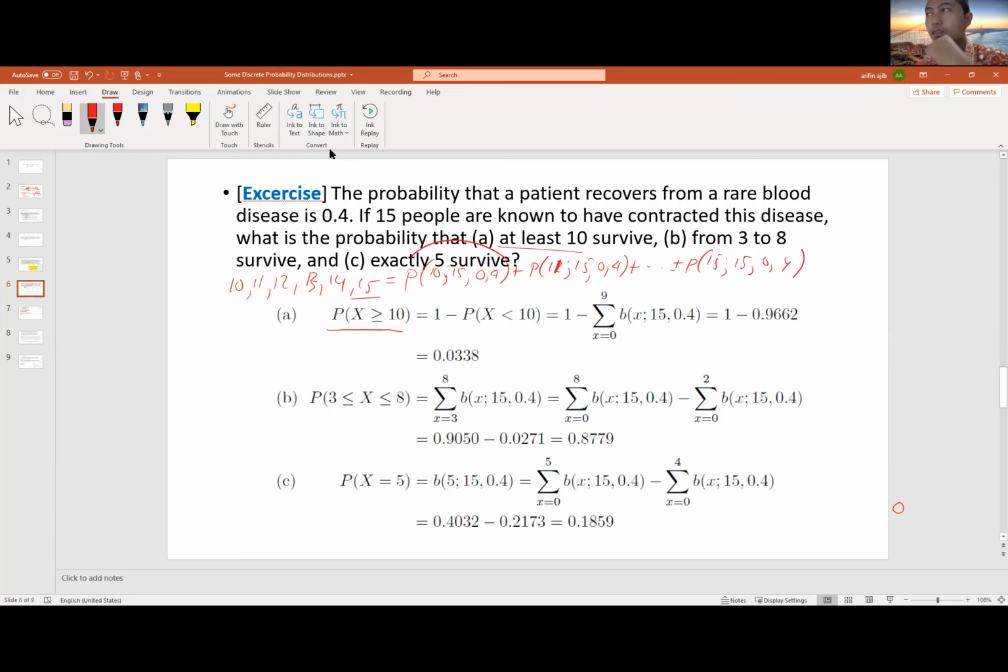You can compute using the table, also using the calculator for each part. How about this one? This one is also the same, so it is no problem.